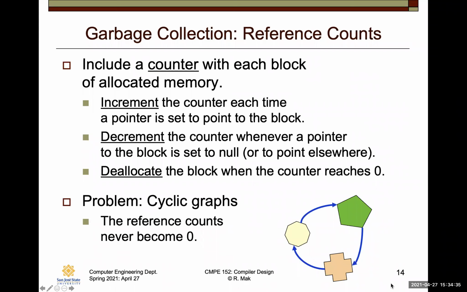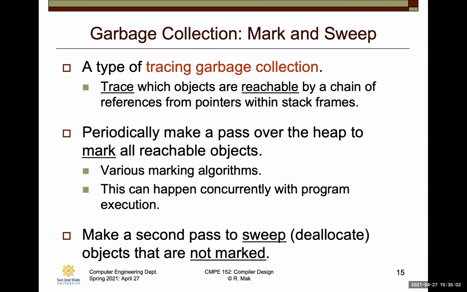Smart pointers use reference counts, and so smart pointers will have problems when you create this situation. So hopefully you won't. All right, so that's garbage collection using reference counts. As soon as the heap manager sees that an object's reference count has gone down to 0, it can automatically deallocate that object.